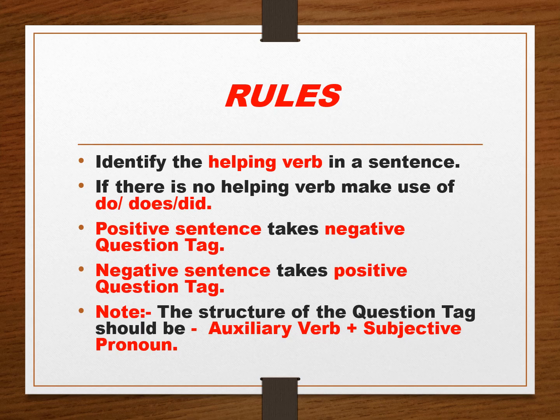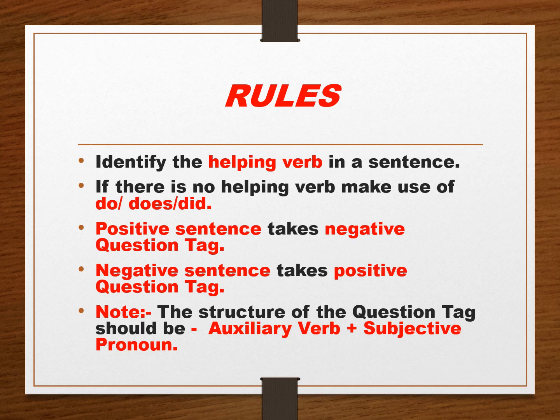For have form, in present tense, we make use of have, has. In past tense, had. And coming to modal auxiliaries, there are shall, should, will, would, can, could, may, might, need to, ought to, dare to, used to, and also must.